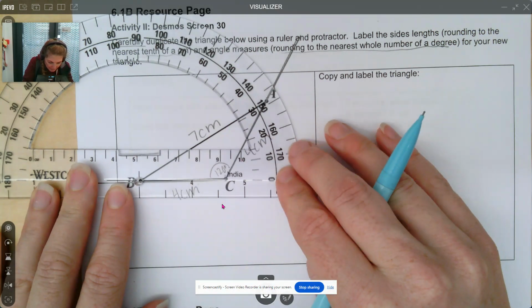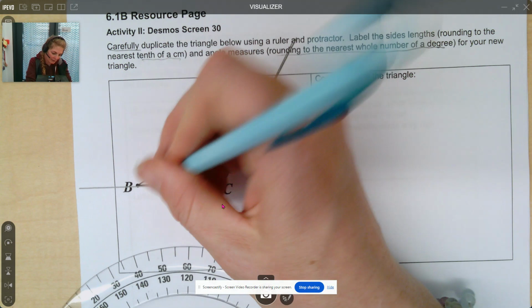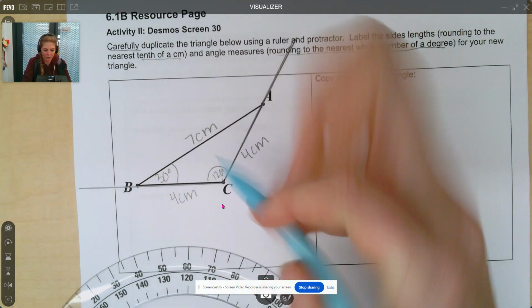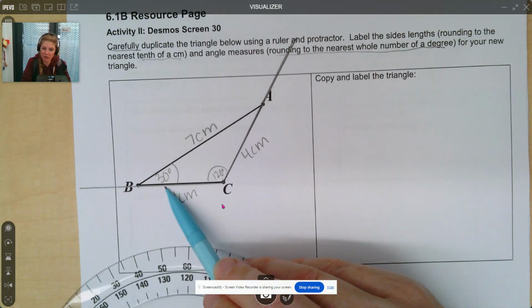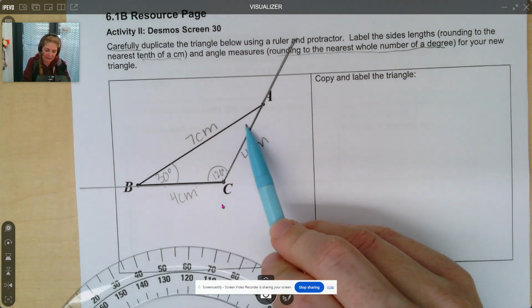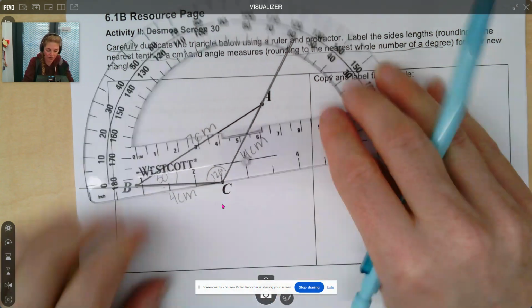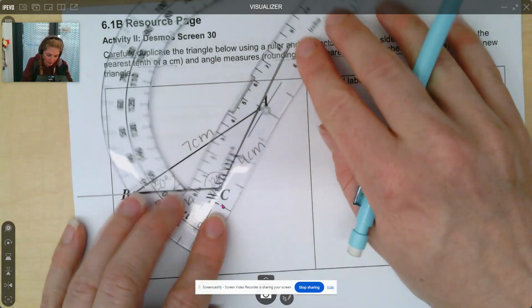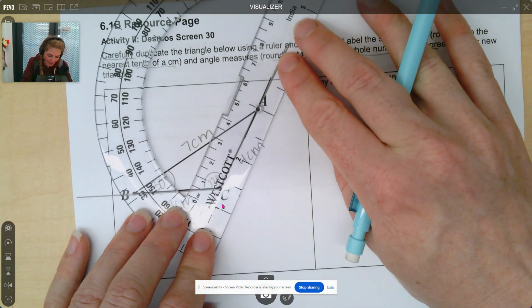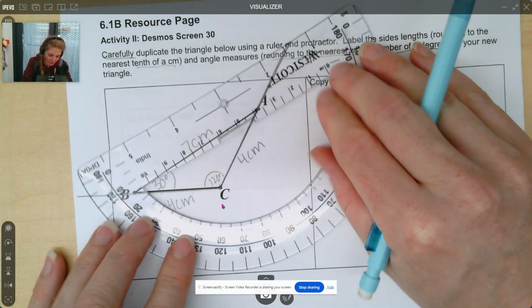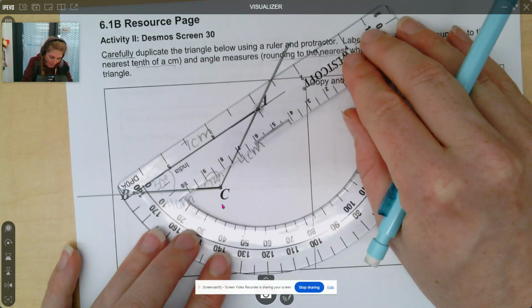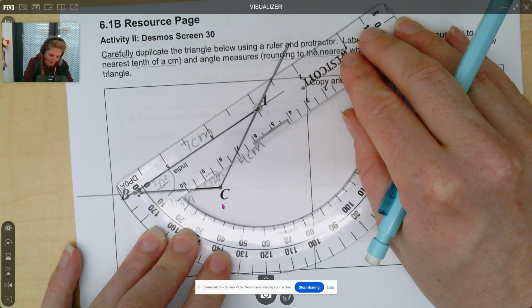Then if I measure BC, it's like 30 degrees. So if we have 120 and 30, I'm expecting this to also be 30, because I have 150 degrees of my 180 degree triangle. I can measure from CA lining up the 0, or from AB lining up the 0.